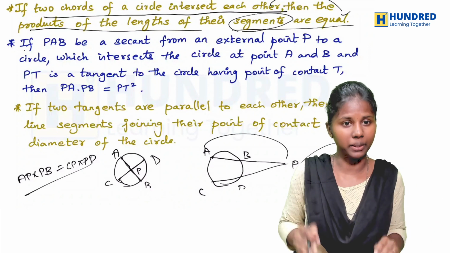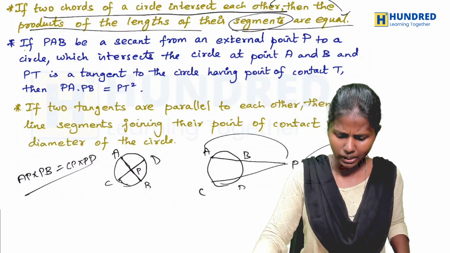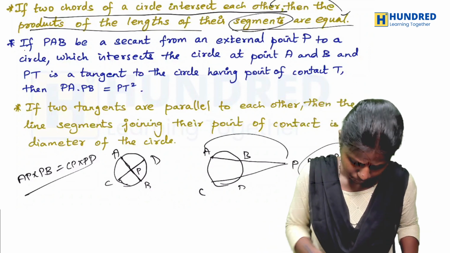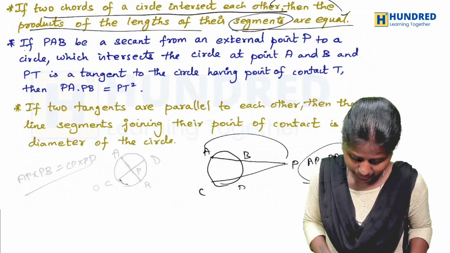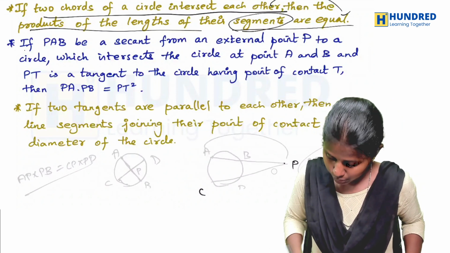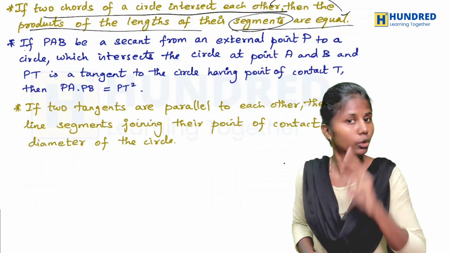Then, if PAB is a secant. I already mentioned what a secant is. A secant is a line which cuts the circle at two points.